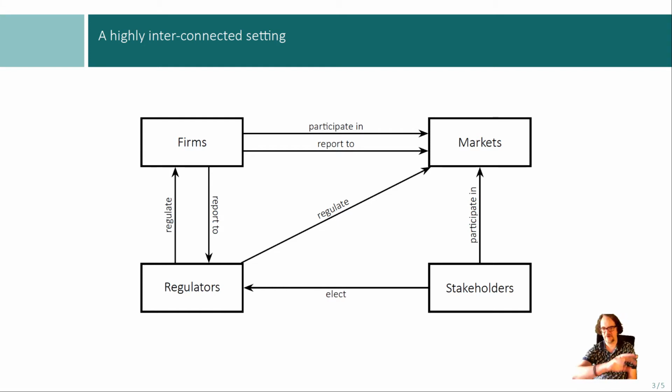Yeah, well, the government is also regulated, so let's not get too complicated here. So firms and stakeholders, they interact on markets, right? And both stakeholders and firms participate in these markets. And let's say, from an economist viewpoint here, the markets are where the sausage is being made, right?